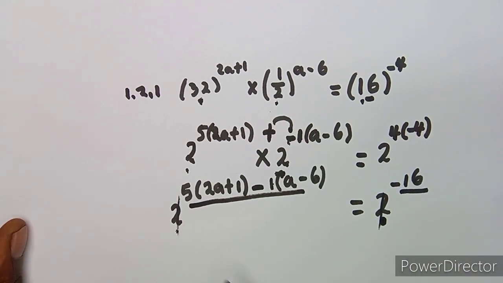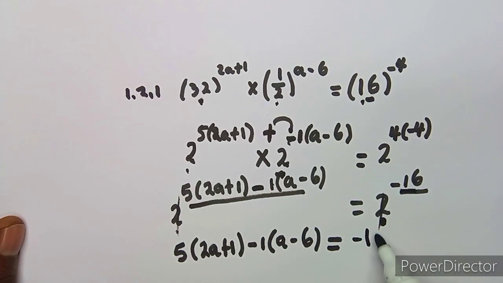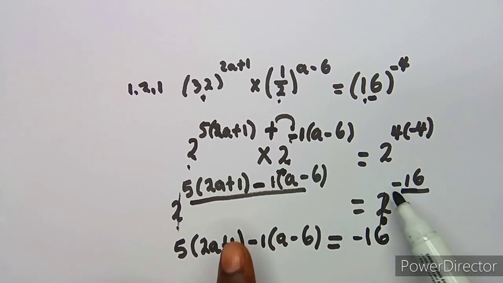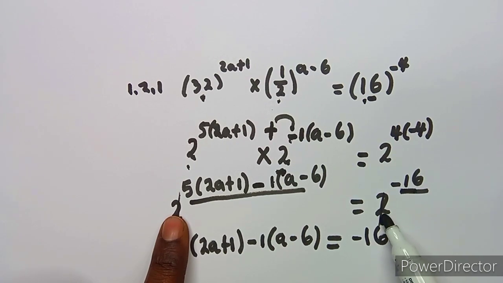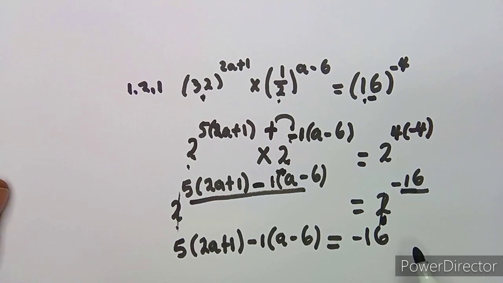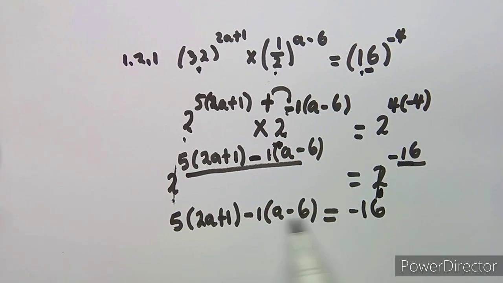All right, which means we are going to have 5 into 2a plus 1, like this, minus 1 into a minus 6, like this, which is equal to minus 16. We are going to equate the exponents because the bases are the same. We know that. All right, then we are now left with a normal equation.